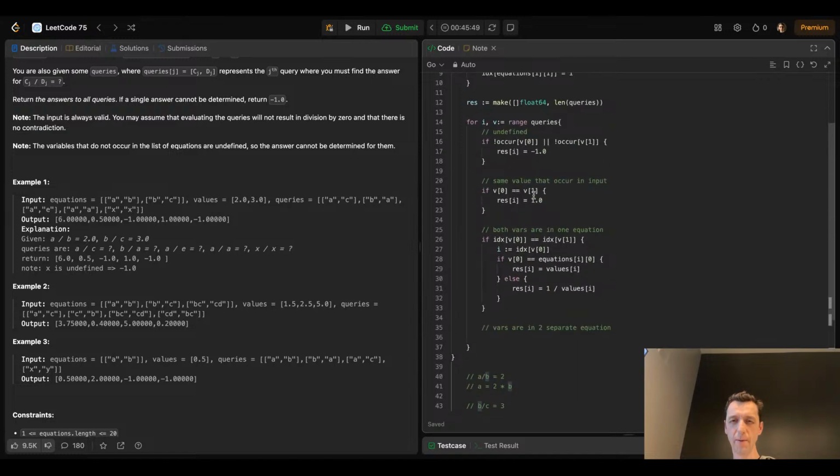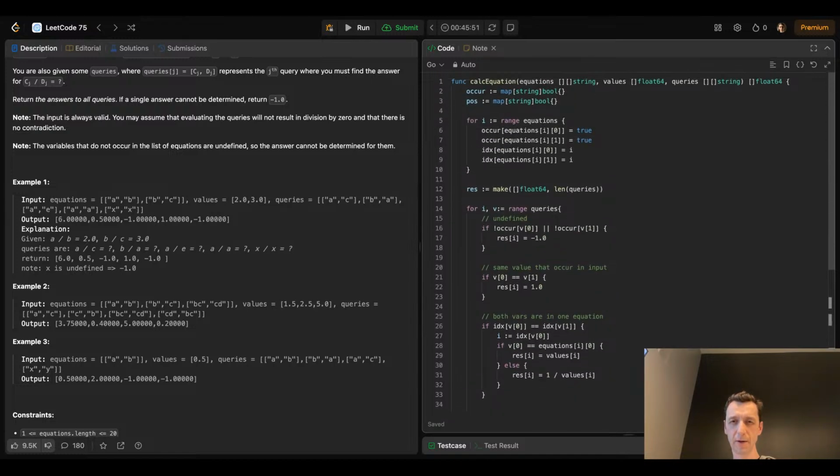So that's why this index cannot be just one value.